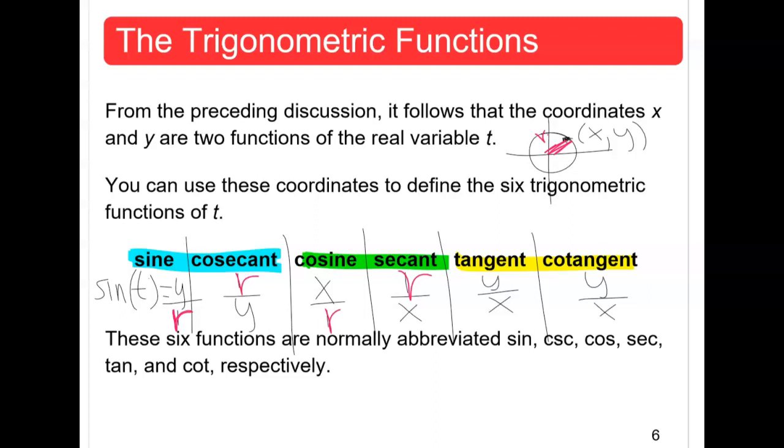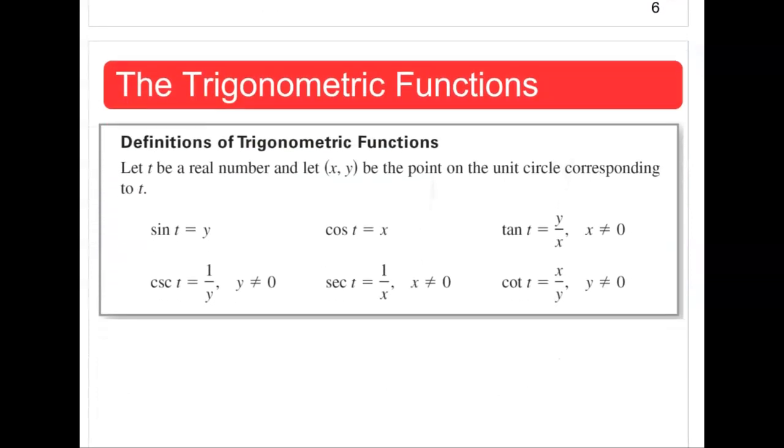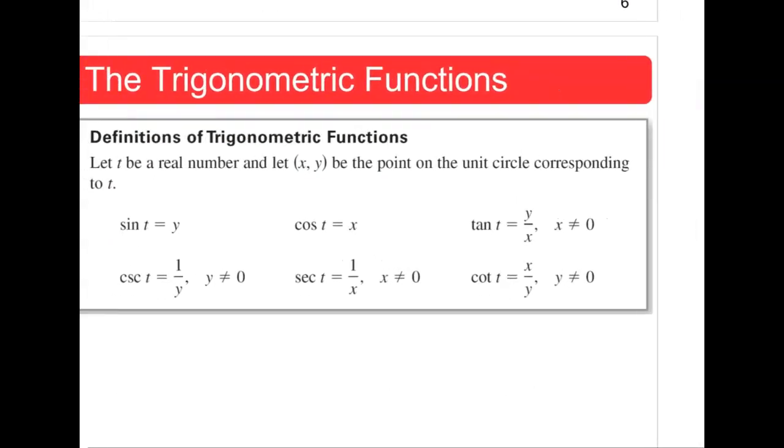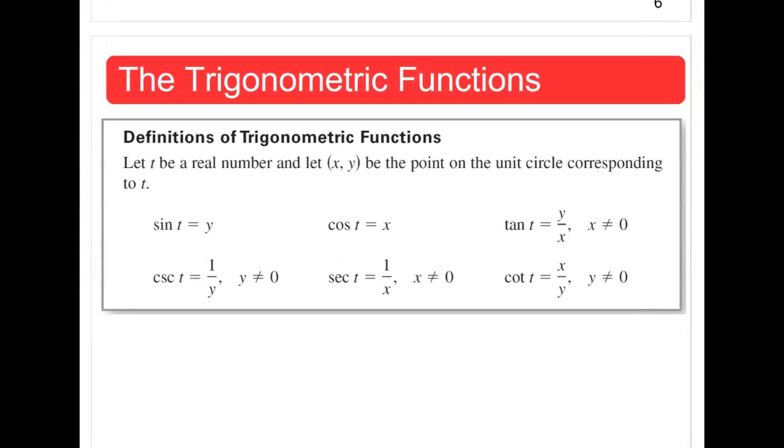So if we move on to the next slide, we could see the summary, and this is for points on the unit circle. So they are corresponding to the unit circle. Remember, if the radius is equal to 1, then they will look like that. Sine will just simply be y.